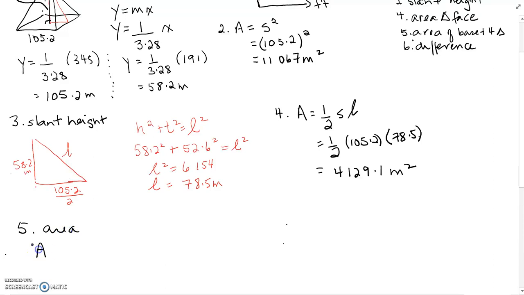The next thing to do is to determine the total area. So the total surface area is equal to the area of the base plus 4 times the area of the triangles.